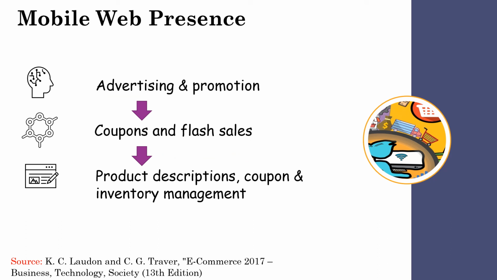If the business objective is advertising and promotion, the system functionality for a mobile web presence should be coupons and flash sales, and the information requirements are the product description, the coupon itself, and inventory management.